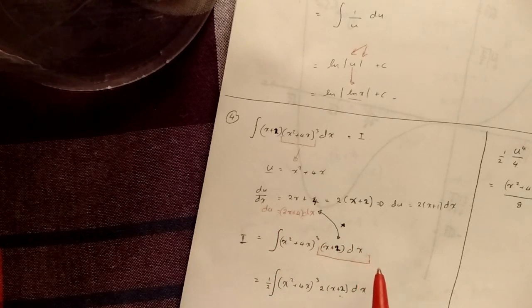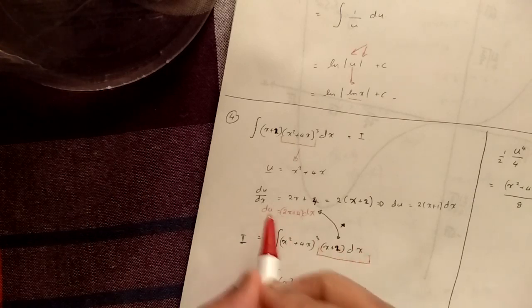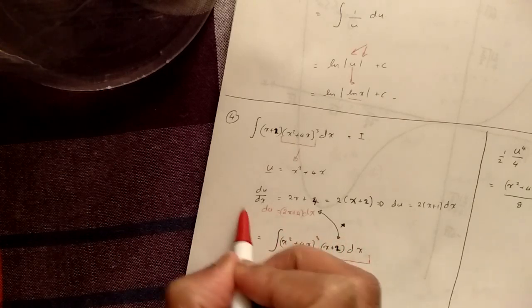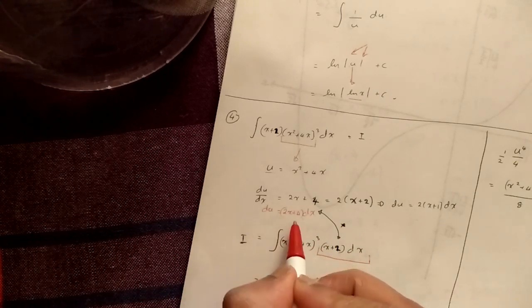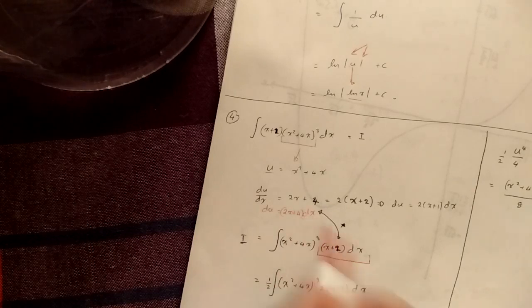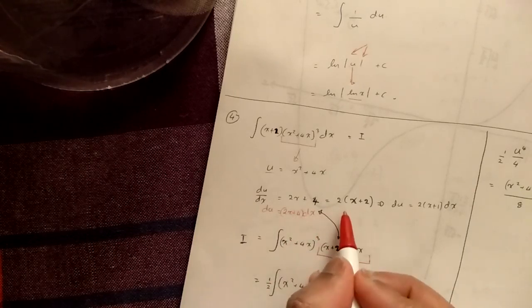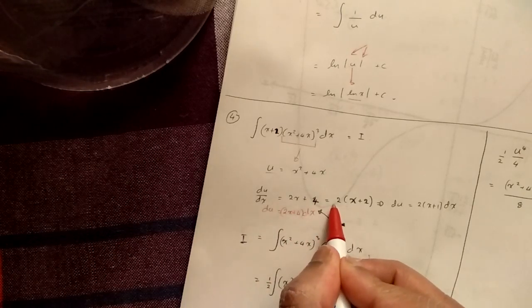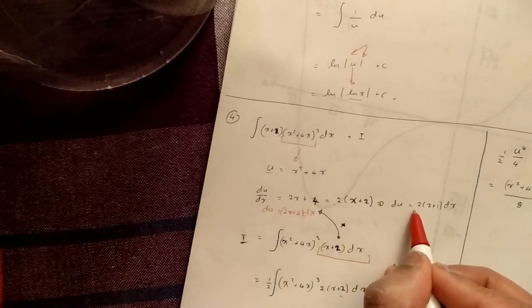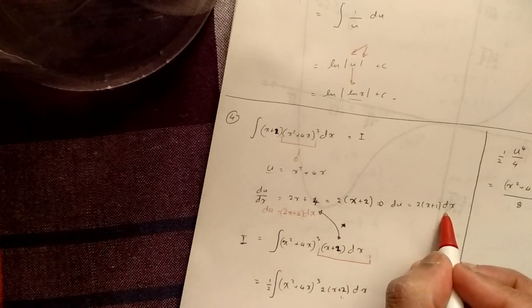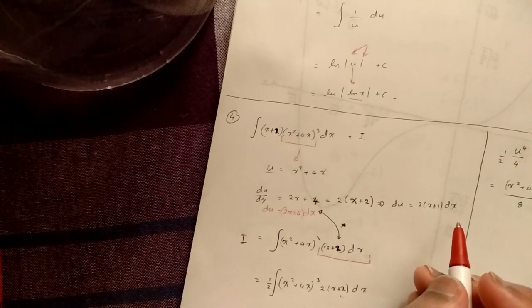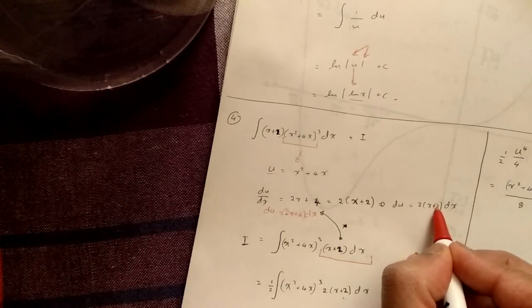So we have to do the proper rearrangement in a way that we can replace these terms with du. At this first step these are two different values, so we can factor out 2 and we have du equal to 2 times x plus 1. Where it says x plus 1, it should be x plus 2.